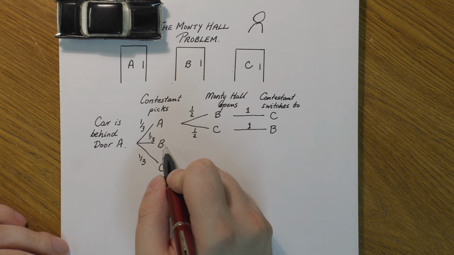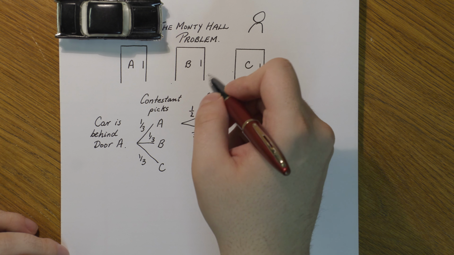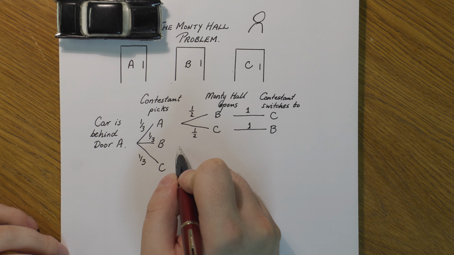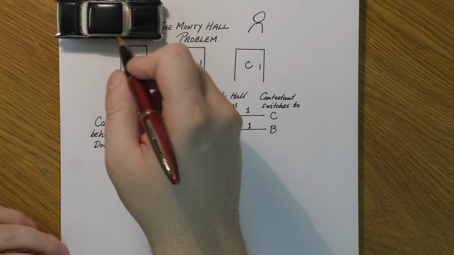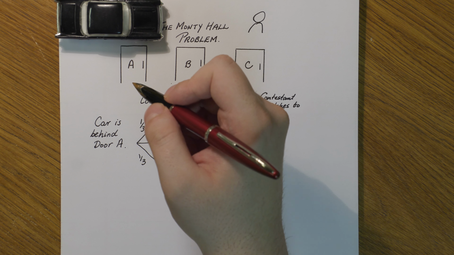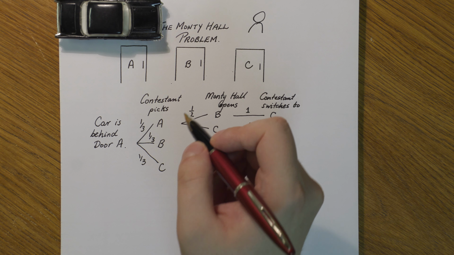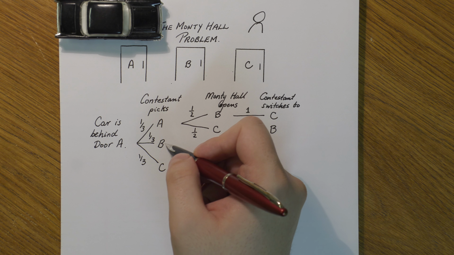Now, if the contestant picks door B, that means that the car isn't behind it in this case. That means that Monty Hall has to open a door that isn't this one. That's the one behind the prize, because he doesn't want the game to end yet. So Monty Hall can't open B because that's what the contestant picked.